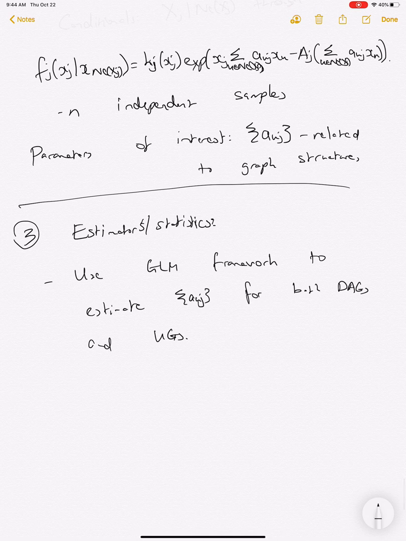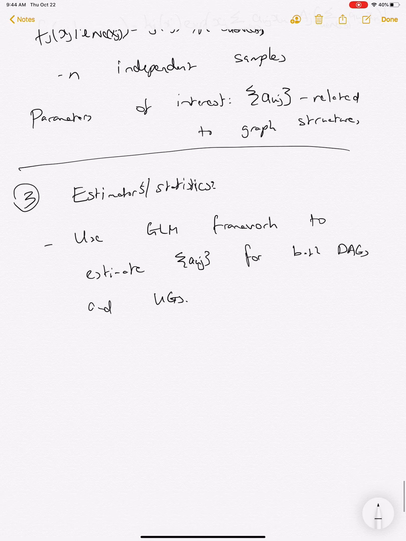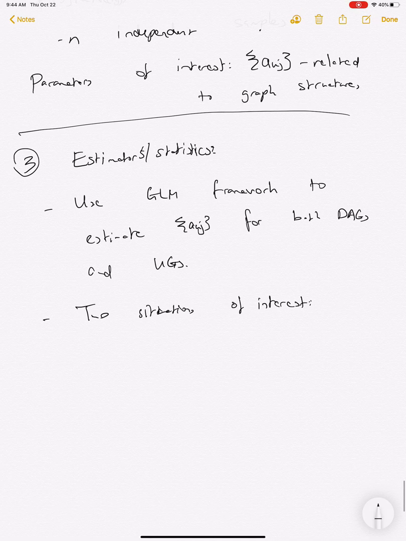But then there's going to be two situations of interest. One is where you actually know the graph structure a priori.